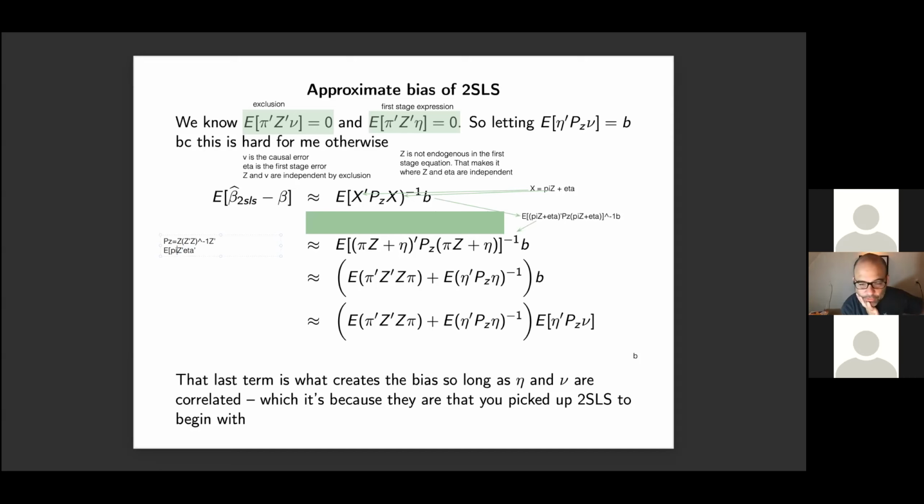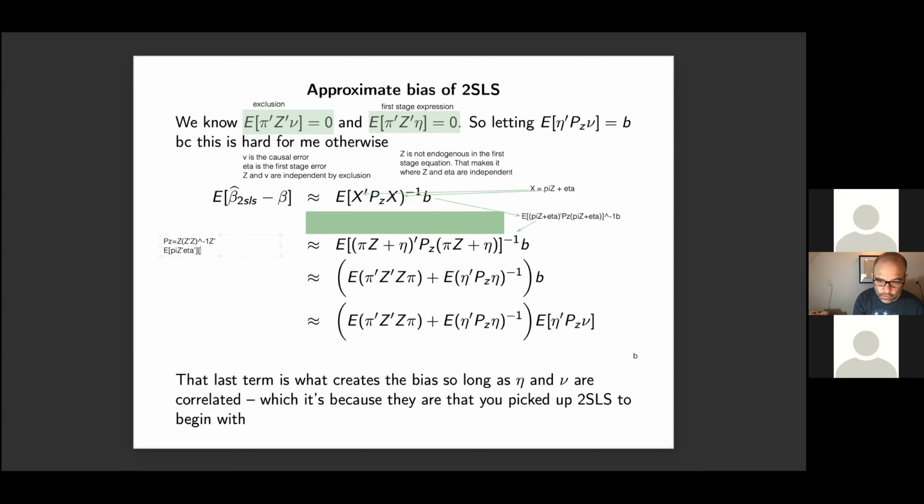Why don't we have two Z's? Oh yeah, because we're going to distribute this right here. Then we get that.